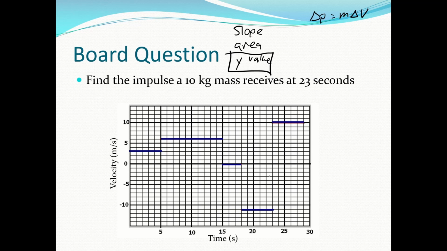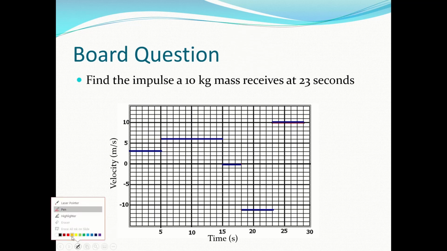So it's talking about 23 seconds. So 23 seconds, let me just switch my color. So 23 seconds is right here, right? And then what happens is here, it's going negative 11 meters per second. Here it's going 10 meters per second. So at 23, it changes speeds.